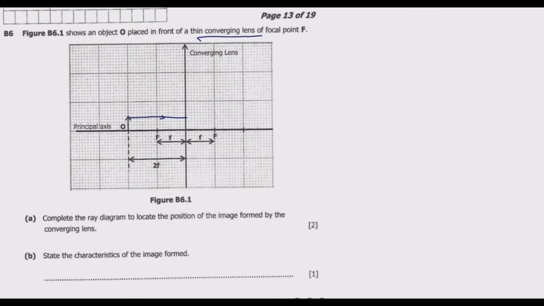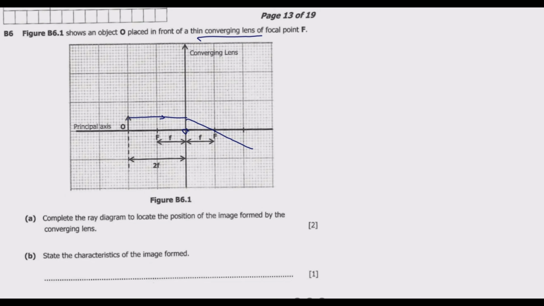Once it reaches the converging lens, it will bend to pass through the focal point, this F. Then we draw another ray of light that will pass through the optical center. Where the two meet, that's where the image will be formed.